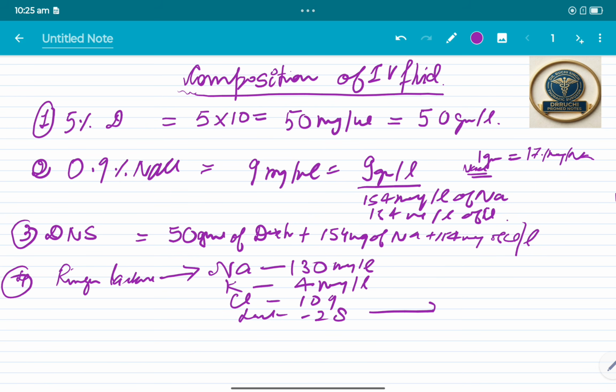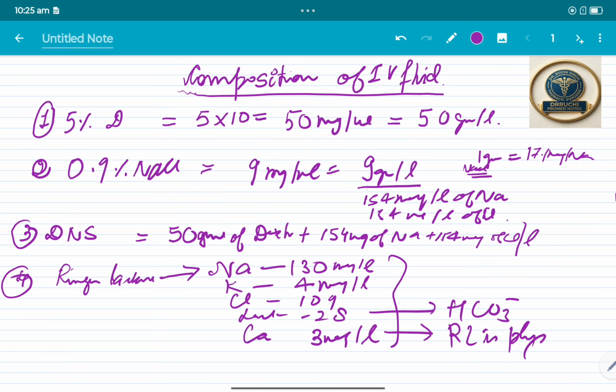This lactate converts into bicarbonate. And calcium is 3 milliequivalent per liter. So it has all the important components. So RL is a physiological fluid.